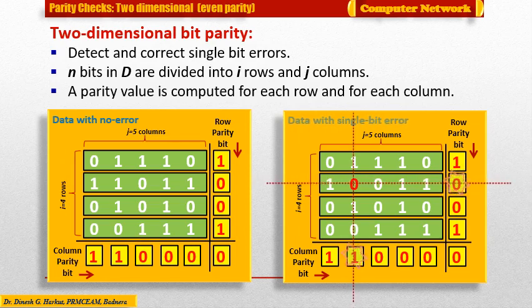While transmitting, one of the bits of the original data gets flipped. Here the bit at row second and column second is flipped from 1 to 0. Because of this single bit flip, two parity bits, one from the row as well as one from the column, are in error.